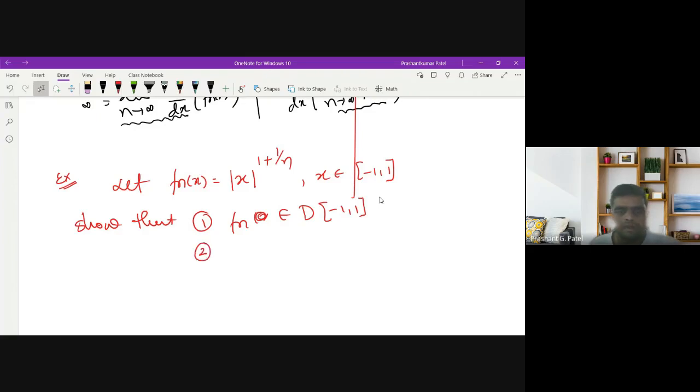The second is fn converges to f, where f is mod of x, uniformly on minus 1 to 1.